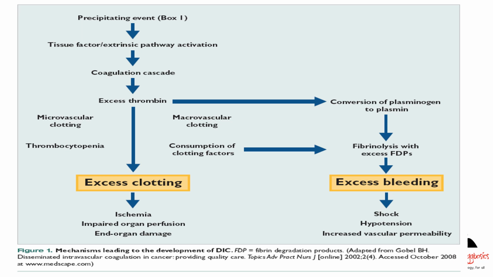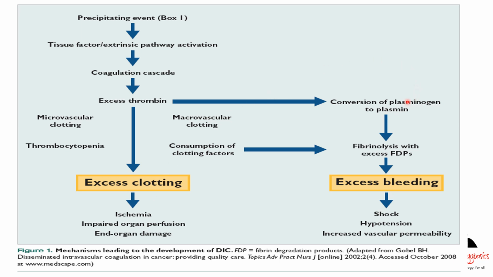How this happens, I'll try to explain with the help of this table. There is some precipitating event, there is activation of the extrinsic pathway, it leads to the coagulation cascade, excess thrombin is formed, excess thrombin leads to excess clotting, leads to ischemia, impaired organ perfusion and end organ damage.